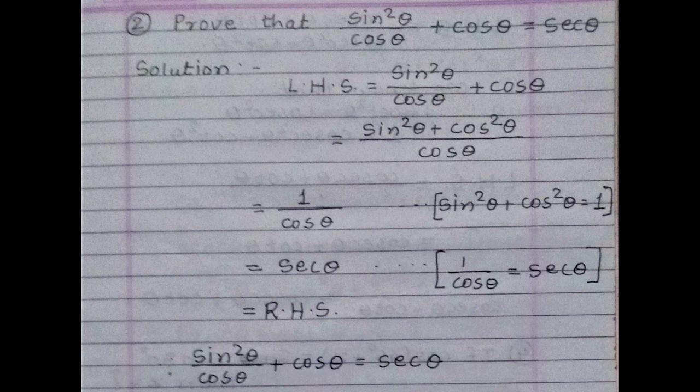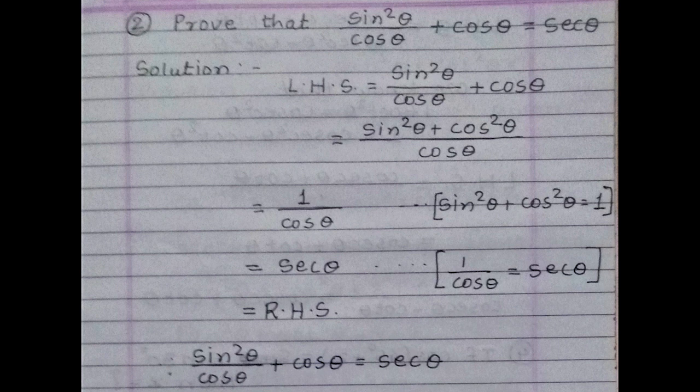Now cos theta into cos theta is nothing but cos square theta. Why? Common denominator. But sine square theta plus cos square theta is an equation which is equal to 1. So 1 upon cos theta, reciprocal of cos theta. We learned that it is sec theta.